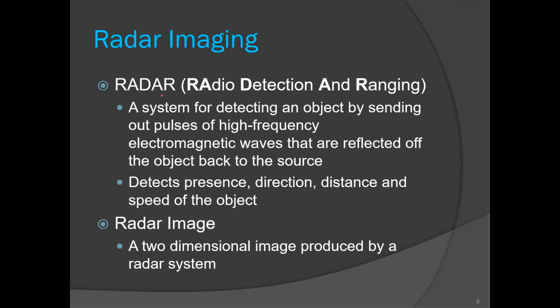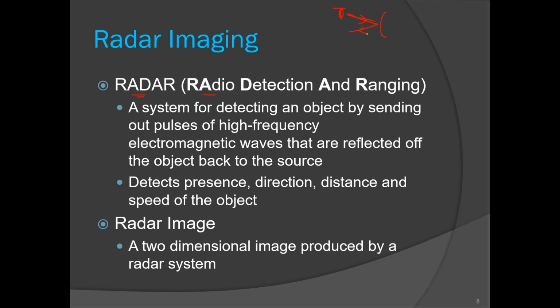Now let us talk about radar imaging. We know that radar is an acronym that stands for radio detection and ranging. It basically works on the principle of echo. There will be a transmitter in the equipment, and it will emit high frequency rays that will be reflected from some object.